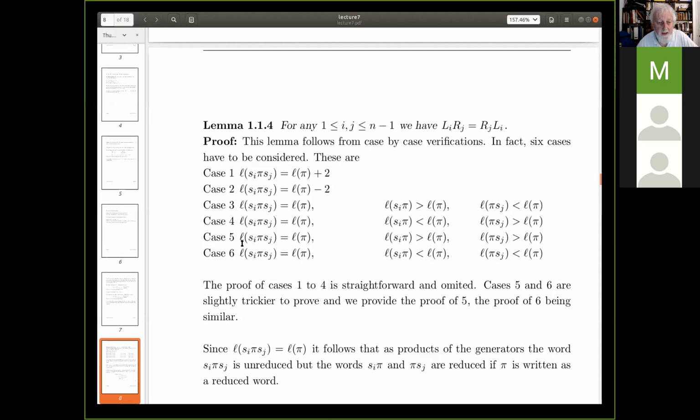But we also have that the length of Si pi Sj does decrease. It's the length of pi, which must mean that in the inner workings of pi, Si and Sj have to cancel. They go into pi and they cancel, so the length is unchanged. I'm going to try and do a little drawing, if this is possible.